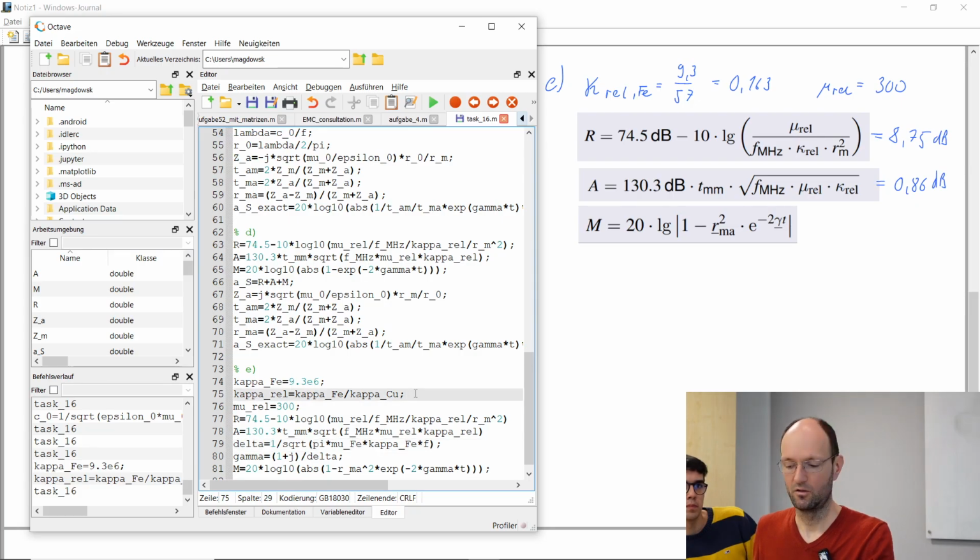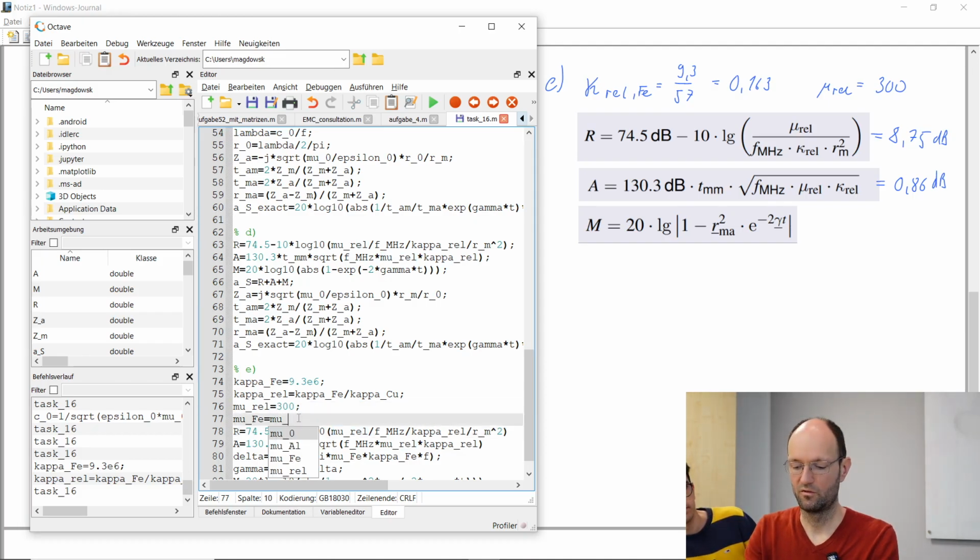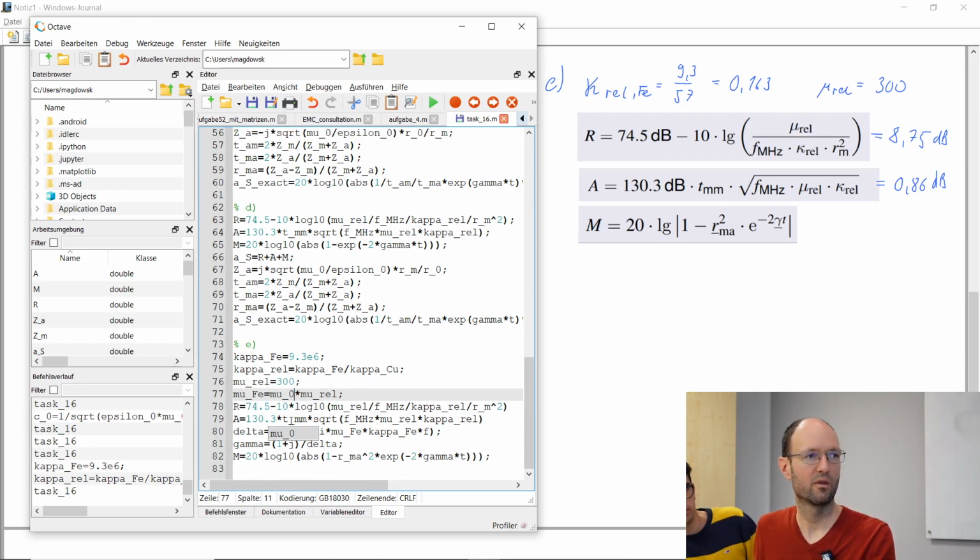And mu of steel or of the iron would be, I need to do this after this, mu 0 multiplied with mu relative. And this should be a 0, not some O, okay. So this should work, this should give us some result.